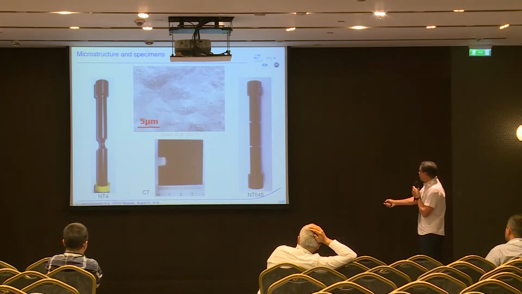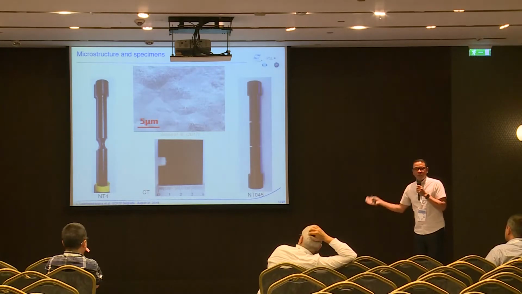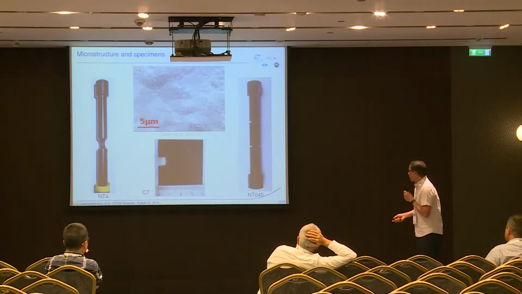We have machined 3 specimens. The first one is here, a notched specimen, but we tested 4 millimeters of notch radius initially to see the Bridgman theory.